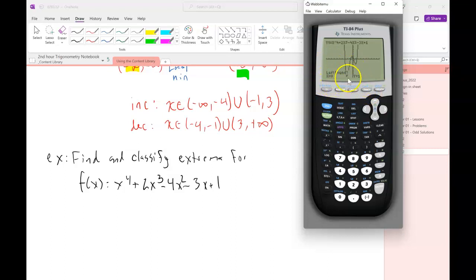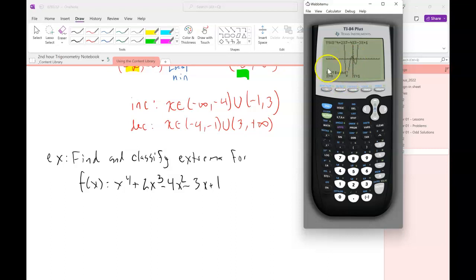So when I'm doing minimum first, when I select either the minimum or maximum command, the calculator is going to ask me 3 questions that I need to answer for it to tell me what the minimum or maximum is. So notice at the bottom of my screen it now says left bound with a question mark, and my cursor is shown up on the screen.